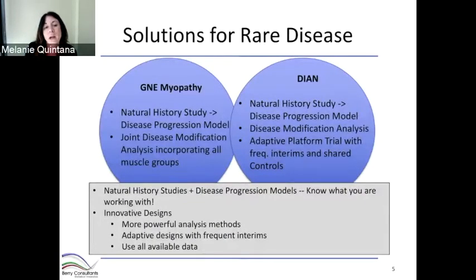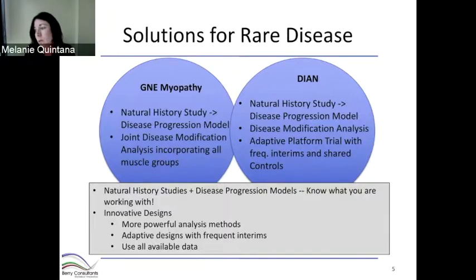So I'm going to focus on going through these two examples in detail, walking you through exactly what we did when designing these trials, how we overcame those complexities and those limitations. But a brief overview for each of these: in both GNE myopathy and DIAN, we were very blessed to have natural history studies or observational studies that provided us with rich data on how individuals progress under natural history in terms of key clinical endpoints.